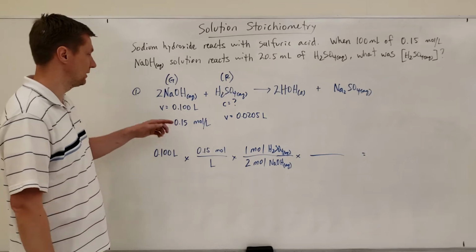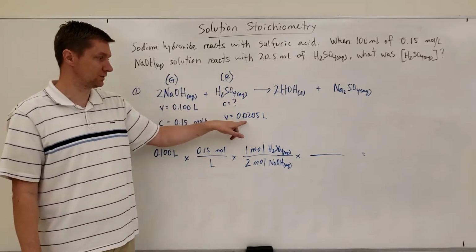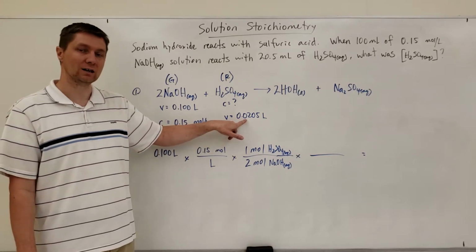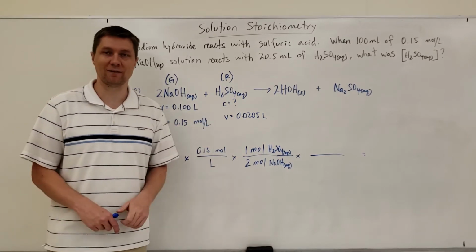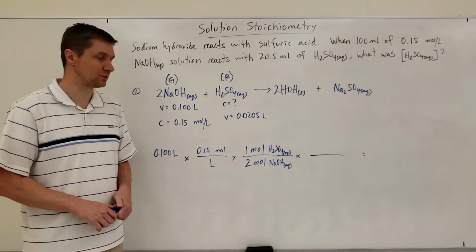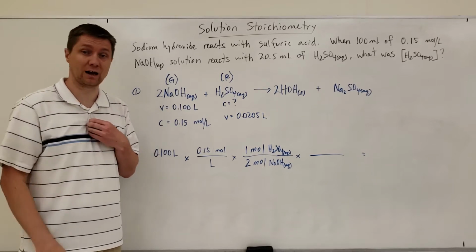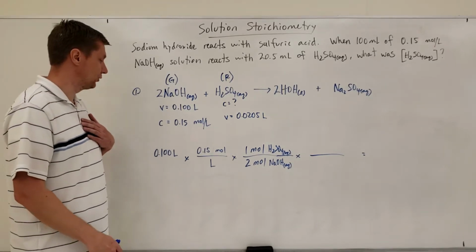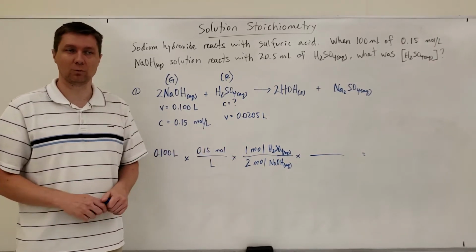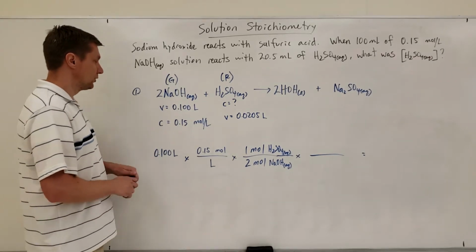Oftentimes I see kids make this mistake where they convert 20.5 milliliters into liters and they forget this 0 right here as a placeholder. Changes their number by a factor of 10 and they end up getting the wrong answer because of it. So I like to leave it in milliliters. My next example will show you how to do that. But this one I'll show you how to convert the numbers, and you can choose which way is most comfortable for you. So step 1 is done.